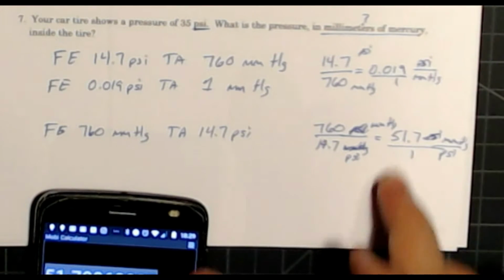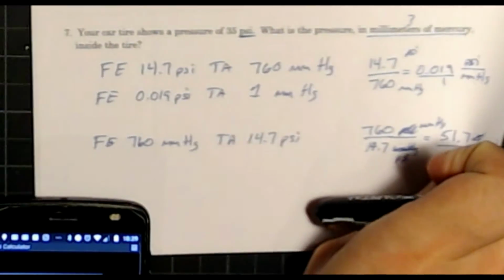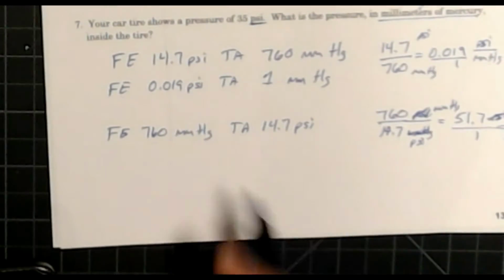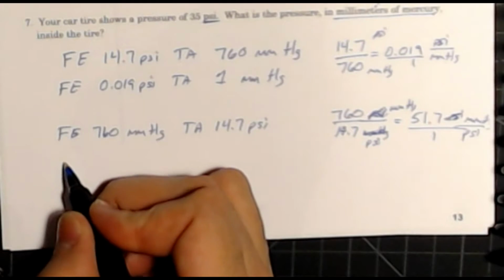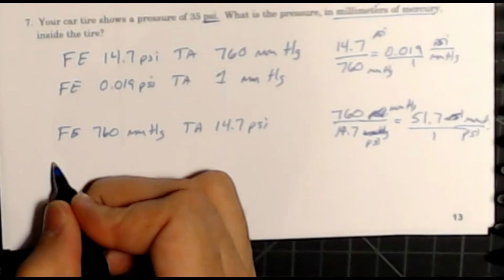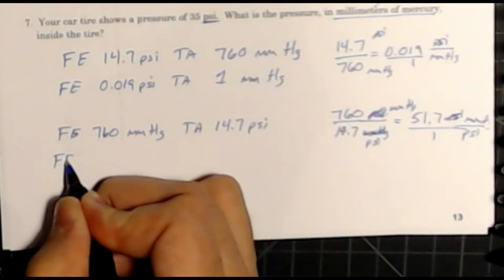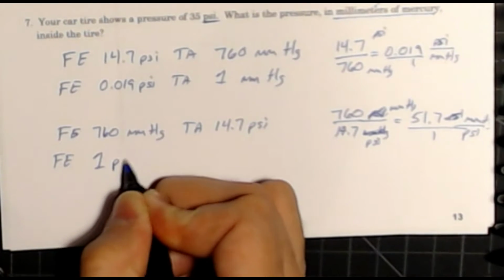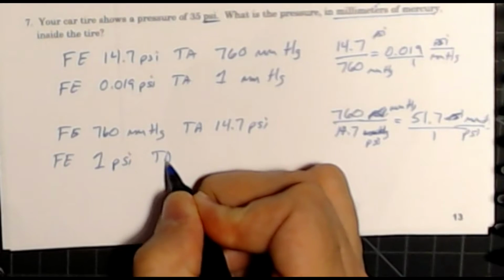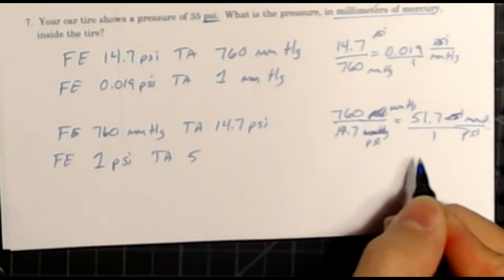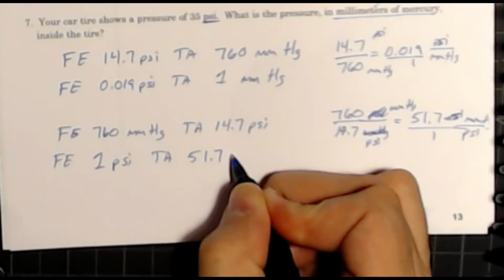Hey, that sounds more useful for solving our problem. So let's write this as a for every statement. For every 1 psi, there are 51.7 millimeters of mercury.